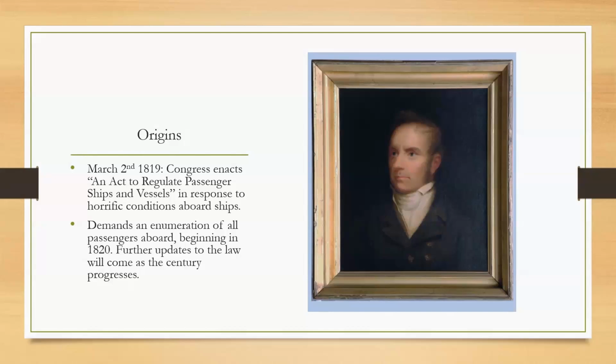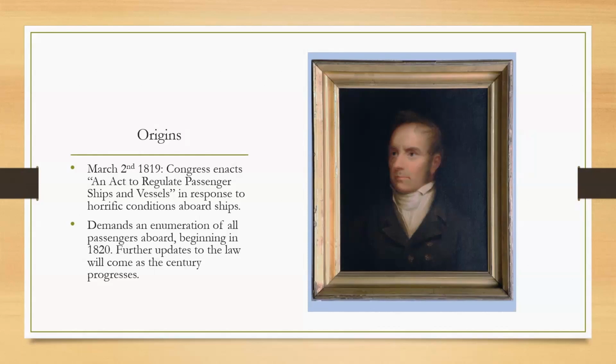Unfortunately, as far as humanitarian sentiments go, it didn't do a whole lot immediately to alleviate these terrible conditions aboard ship because it took the tonnage as a whole instead of the tonnage in the steerage department, where the vast majority of people would be living while they crossed the Atlantic. And so you would still have a lot of folks jammed into too small of an area.